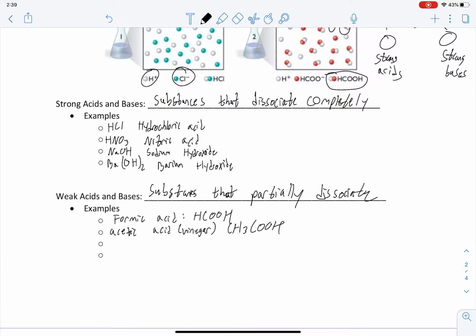And looking at some weak bases, let's see, we have ammonia, NH3, forgot the M, ammonia, NH3, and this other solution called aniline, which is C6H5NH2.